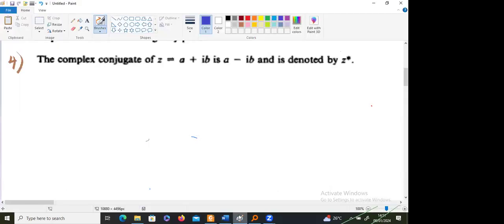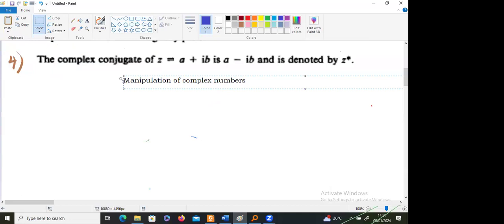Okay, I think finally I'm there. Manipulation of complex numbers. And we see how to manipulate the complex numbers here.